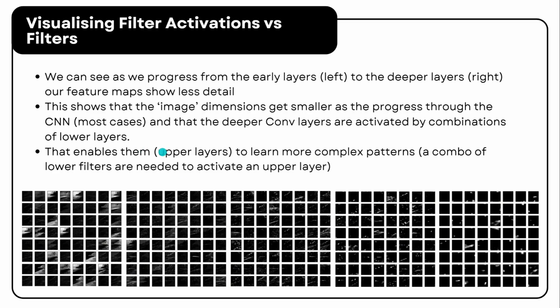So let's take a look at these filter activations. This is the same visualization I showed you on the previous slide. Starting with this one on the left here. What you're seeing here are the different CNN layers progressing from early layers on the left to the deeper layers to the right.